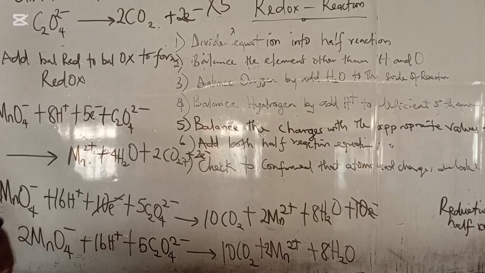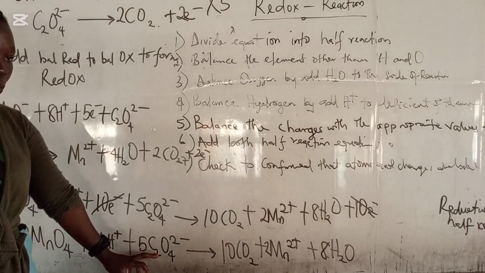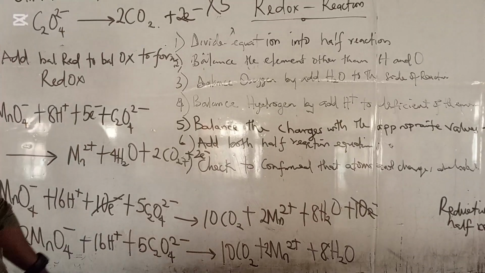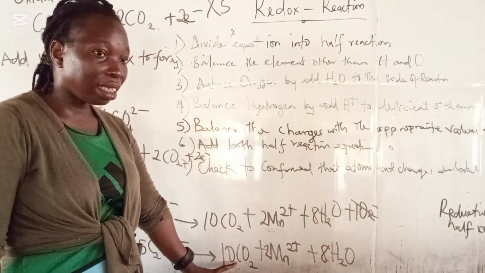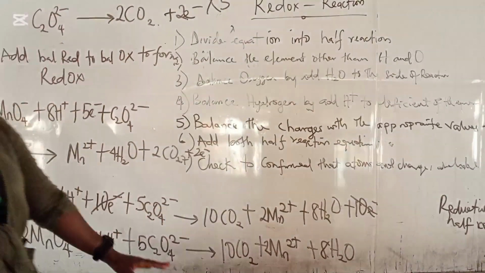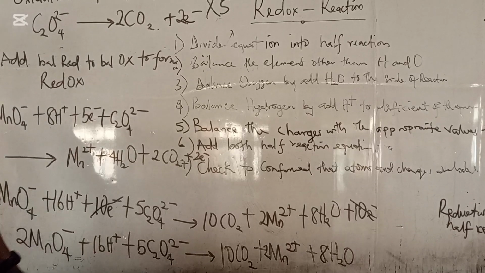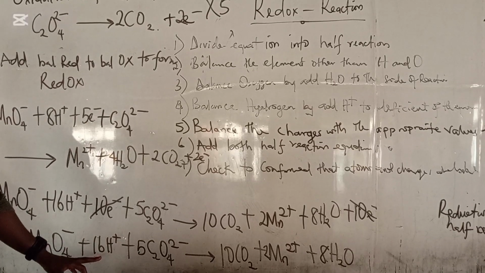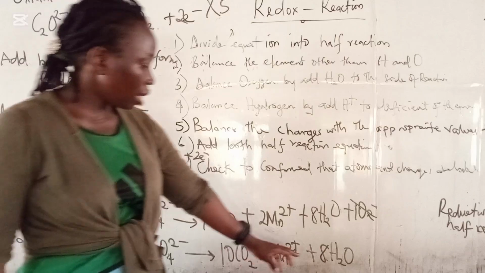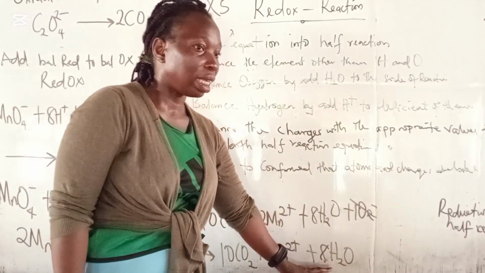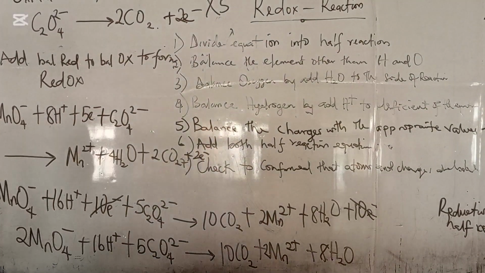Now we go to carbon. 5 times 2 is 10. We have 10 times 1, which is 10. So carbon is 10 on each side. Then we go to hydrogen. Hydrogen here is 16. Hydrogen here is 8 times 2 equals 16. So we have balanced hydrogen.